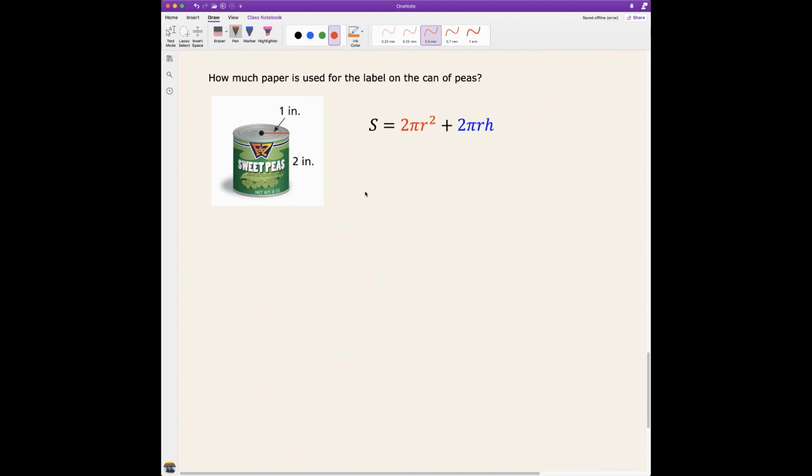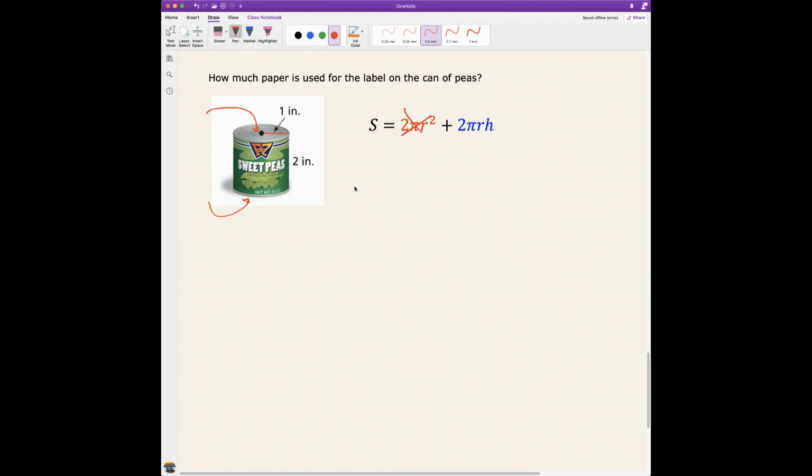All right, so let me ask you a question. Do I care about the area of the lid, and do I care about the area of the bottom? No, I don't. In this problem, I actually do not need that part of the formula.